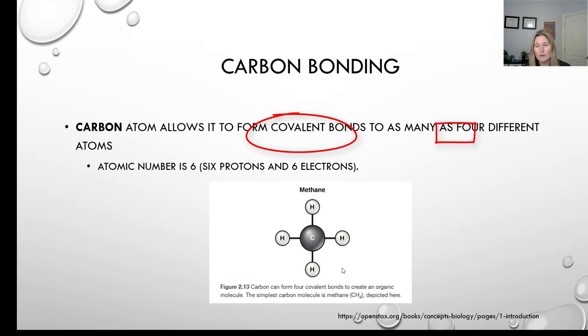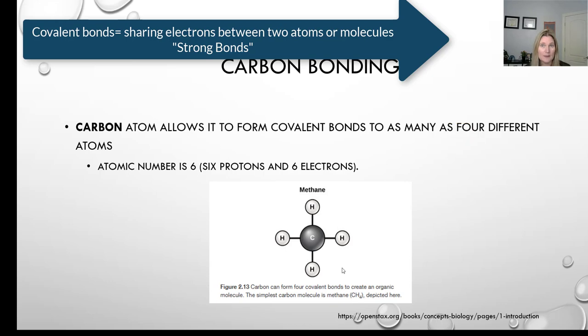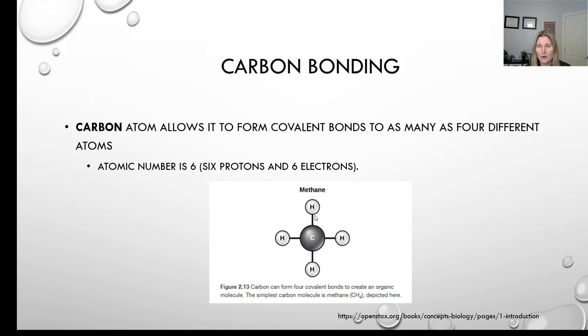And remember, those covalent bonds are strong bonds because the 2 atoms are sharing the electrons. Here's an example of a carbon atom bonding with 4 different atoms, in this case hydrogen atoms. We have 4 bonds, and each is sharing a pair of electrons, so that adds up to 8, filling the valence shell of the carbon.